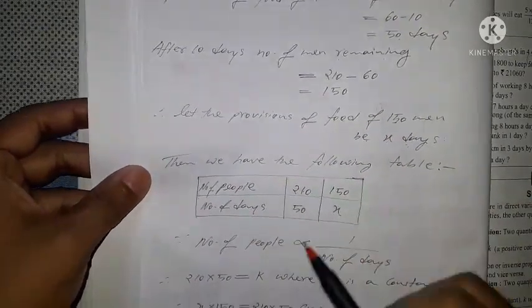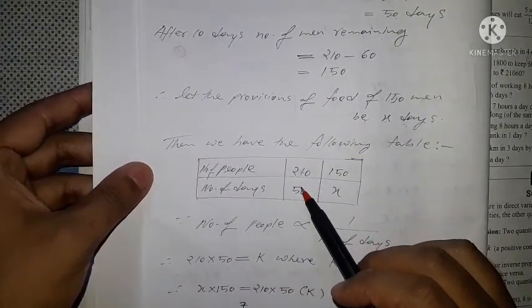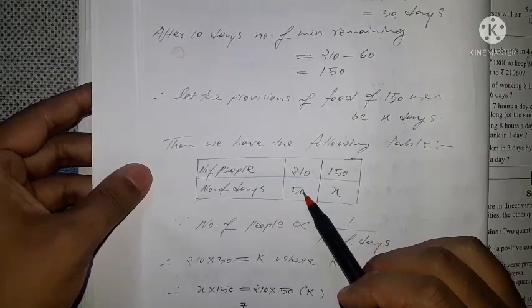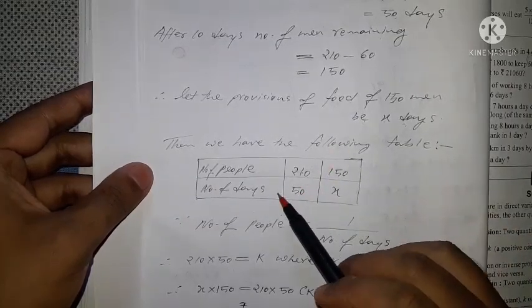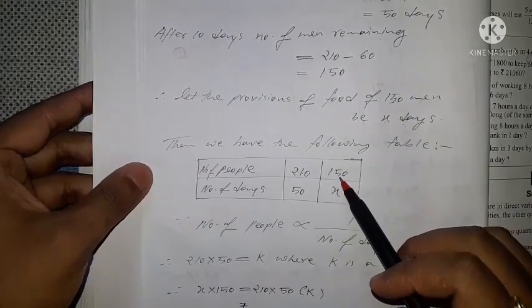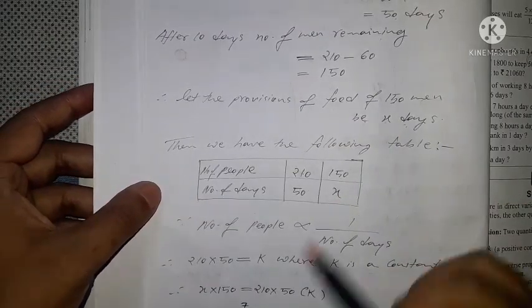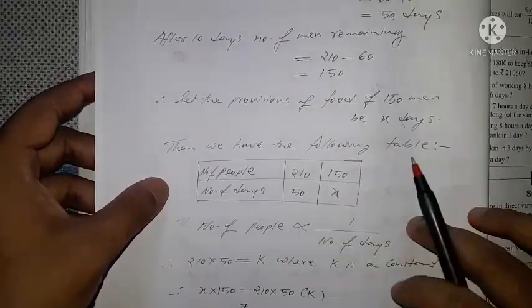Then we have the following table, that is the number of people and the number of days. For 210 people after 10 days, the number of days that the food will last is 50, and for 150 people the number of days that the food will last is say x days.